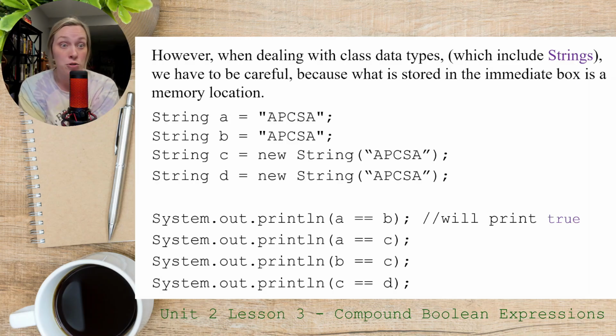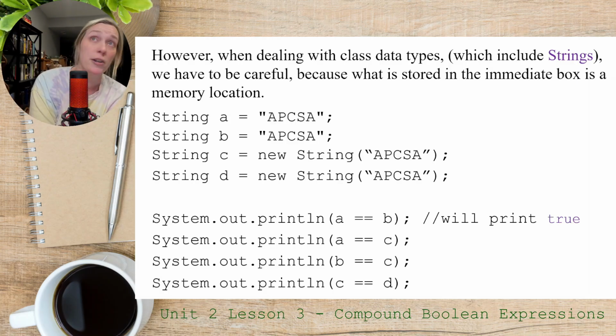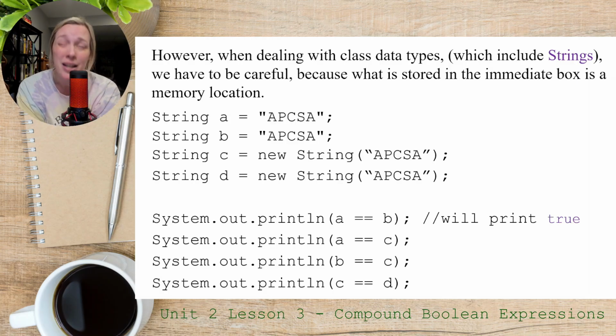And then when you create a string B, APCSA, it looks in the string pool first and says, hey, if we're already using that string, let's save memory and let's use it again, and let's point to the same location again. And for that reason, the string pool is why A equal B will actually print true.